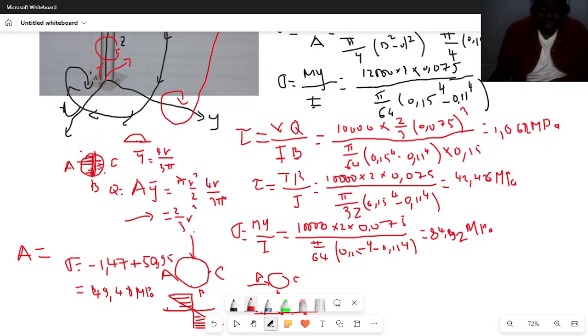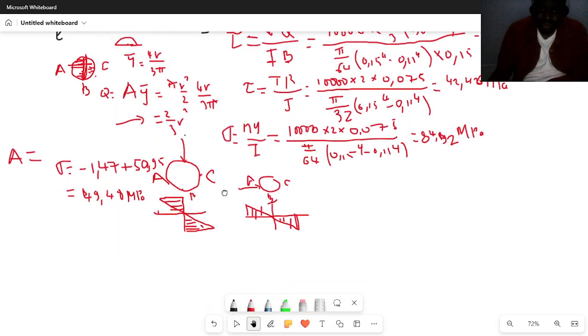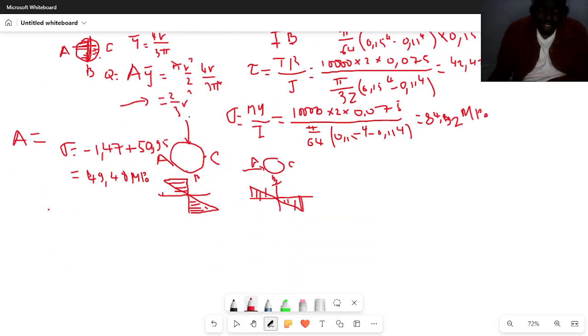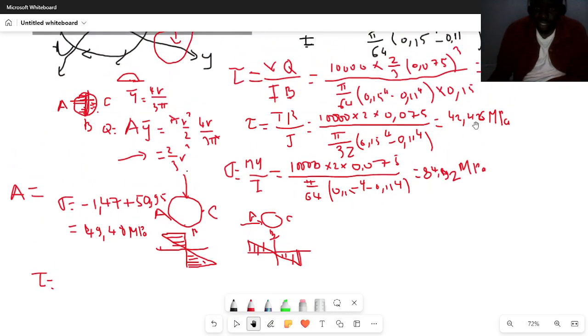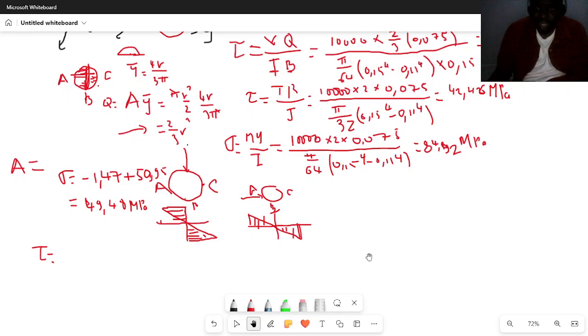So for the shear stress here at A, you're going to have the shear stress that you found here, 1.062 megapascal.